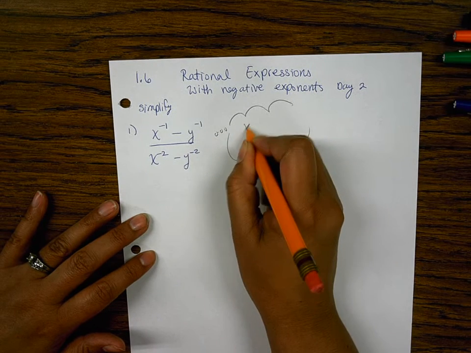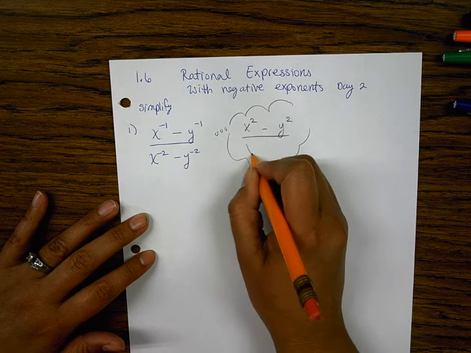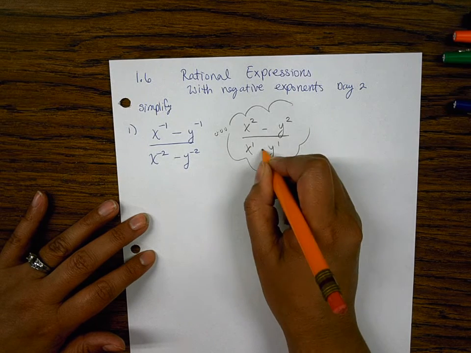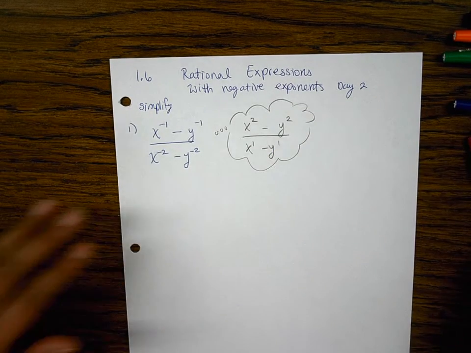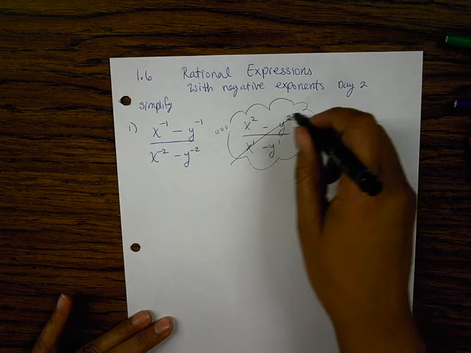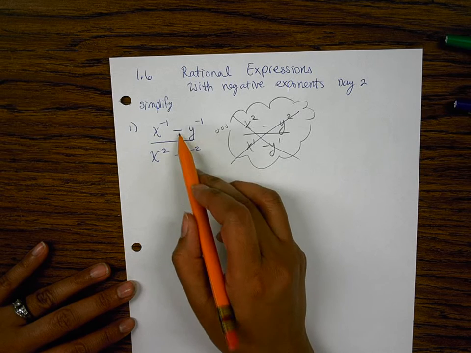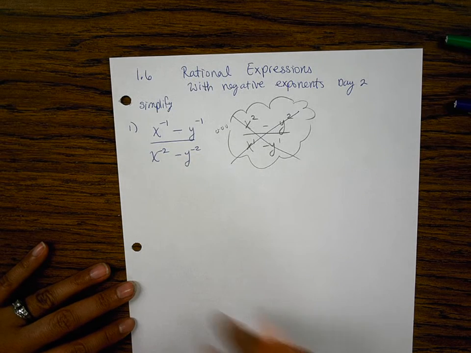Kids will try to say, can I just move things up and down? That x to the negative 2 comes up, that y comes up, that x to the 1 goes down, and that y goes down, and that is a big fat no. So please be careful. Do not make that mistake.